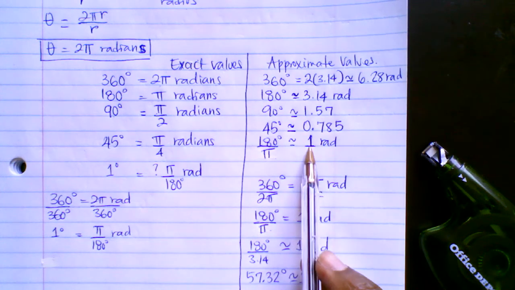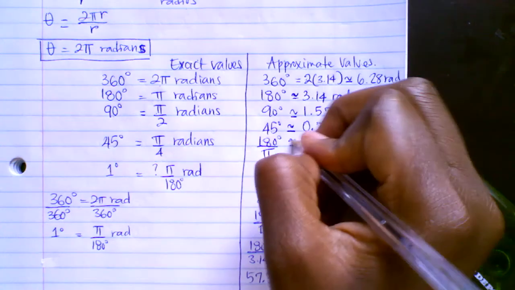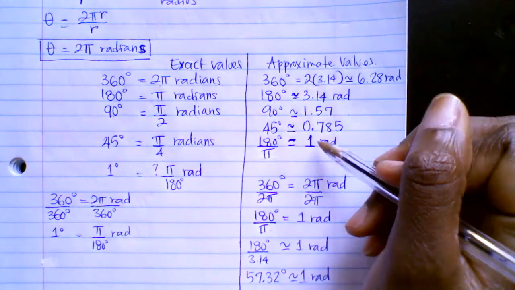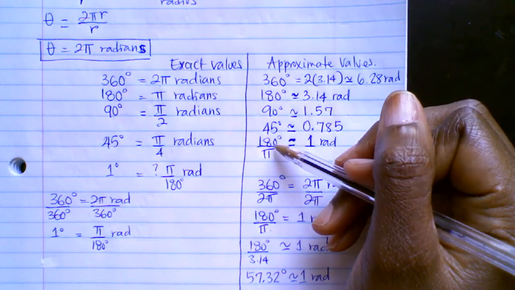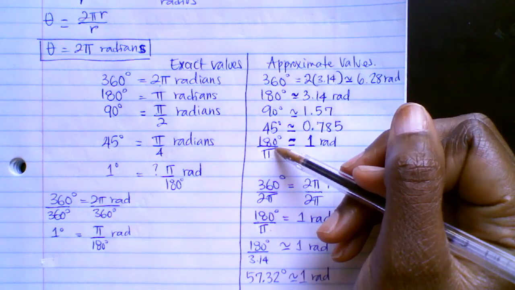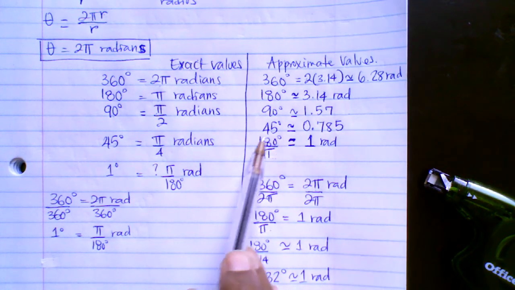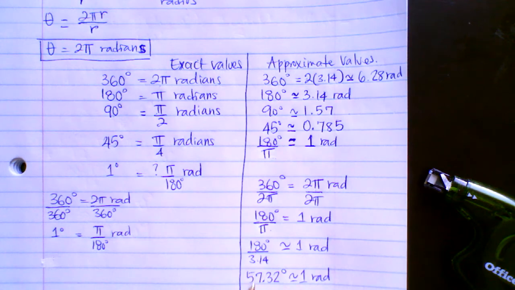So this is the exact value. 1 radian in exact value is 180 degrees divided by pi. Now, if you want to approximate this fraction, you do 180 degrees divided by 3.14, which is 57.32 degrees.